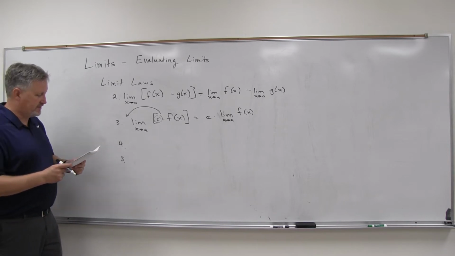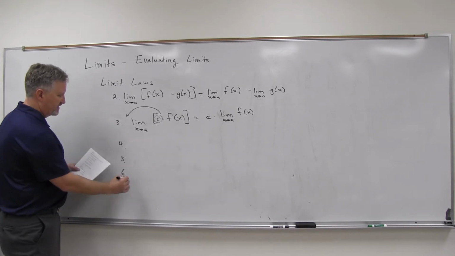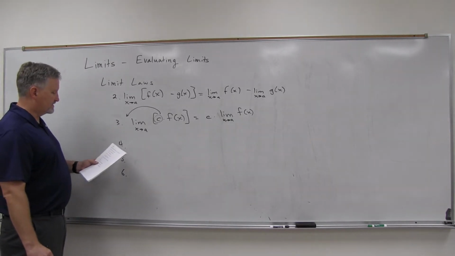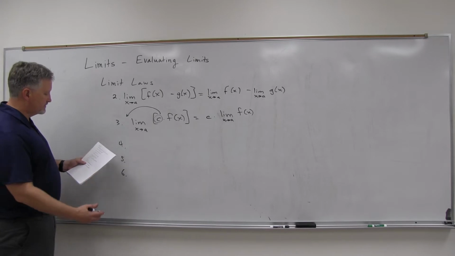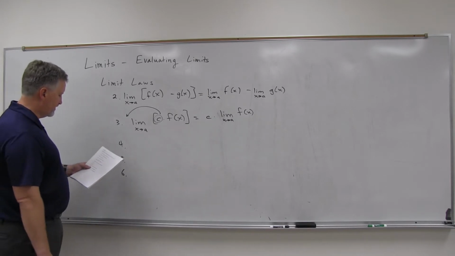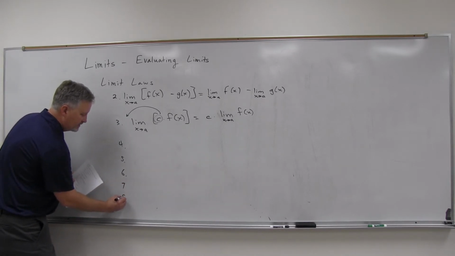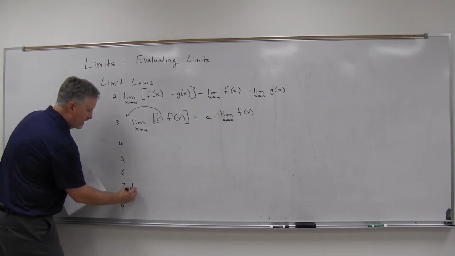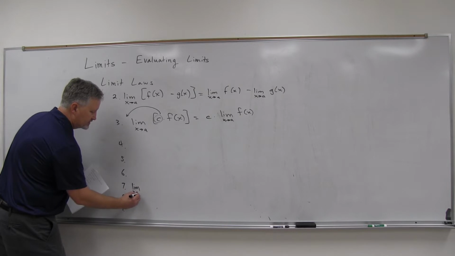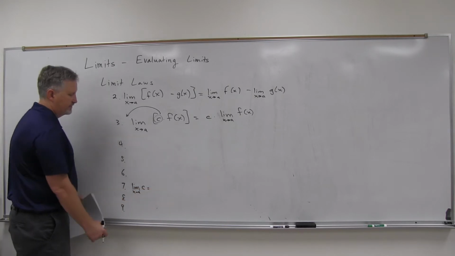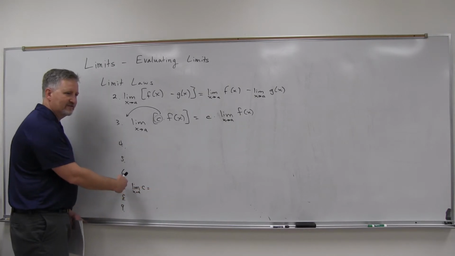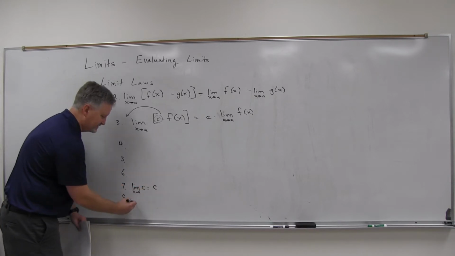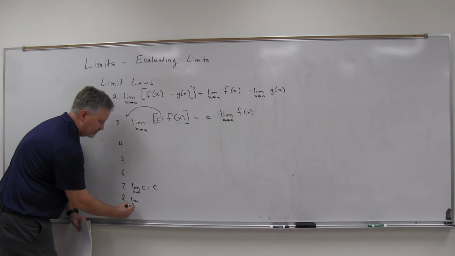Number 6 has the power, f of x to the nth power, so we can bring out the power and do the power outside. Now, 7, 8, and 9 are where we get to the nitty-gritty of the actual evaluation. You can say that the limit as x approaches a of a constant is, like we just said, a constant, so as x approaches a, that number's not going anywhere.